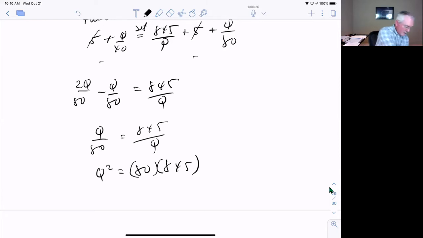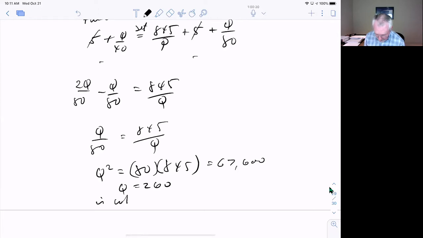Let's do that algebra: 80 times 845, which is 67,600. I need to take the square root of that, and I get 260. So q equals 260 is where minimum average avoidable cost occurs.